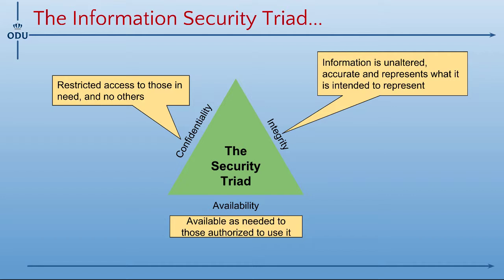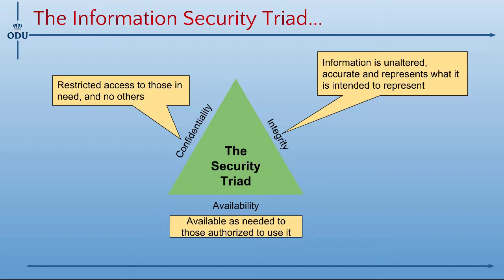The second part of the triad is integrity. Under this principle, this means that you keep the basic integrity of the information. That is, it's unaltered, it's accurate, and it represents what it was intended to represent. It's unchanged, unaltered, and you have confidence in the fact that both of those are actually true.